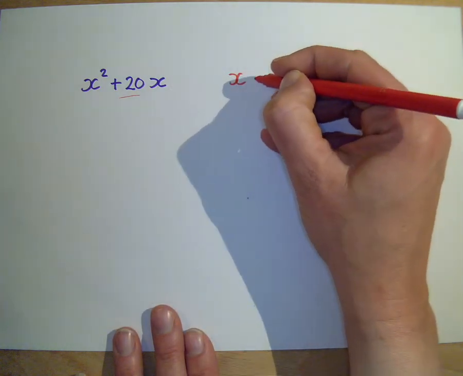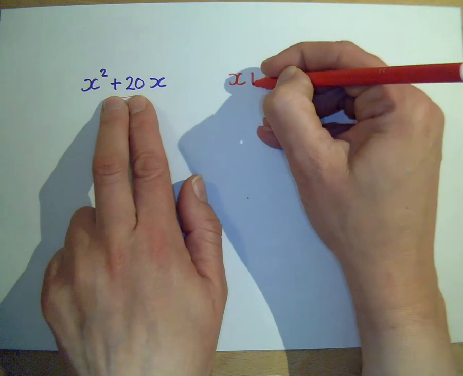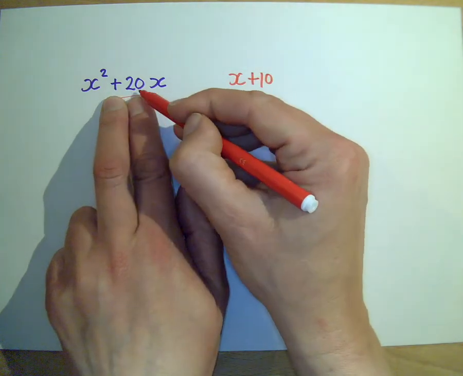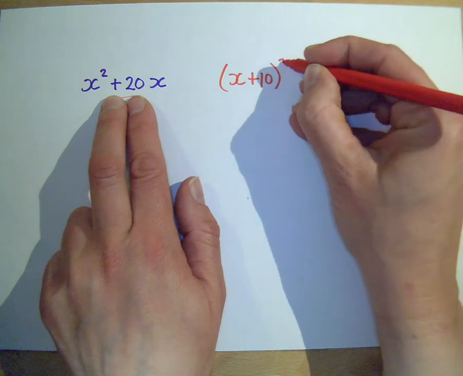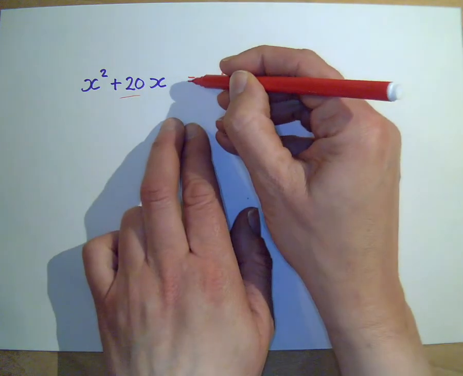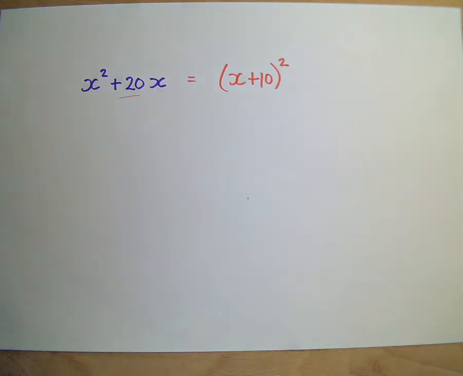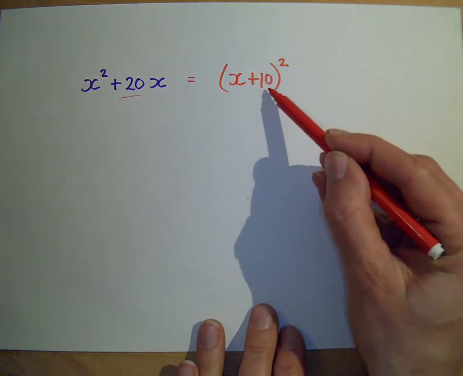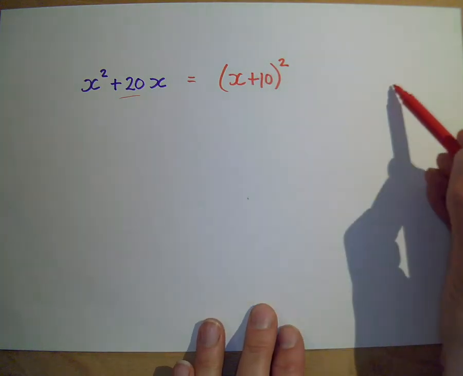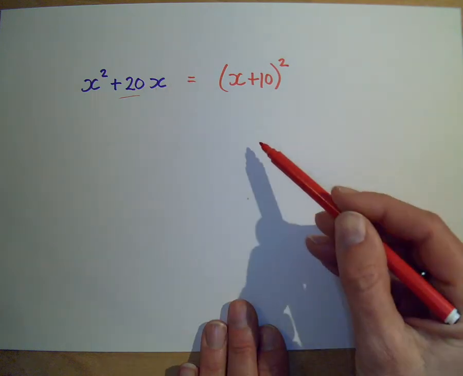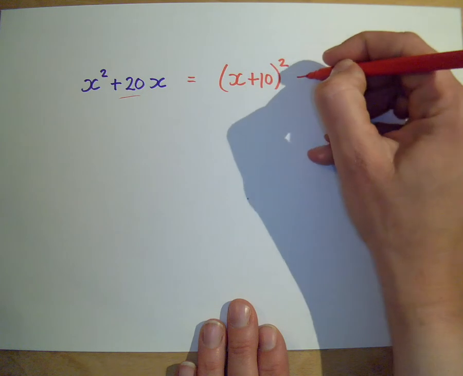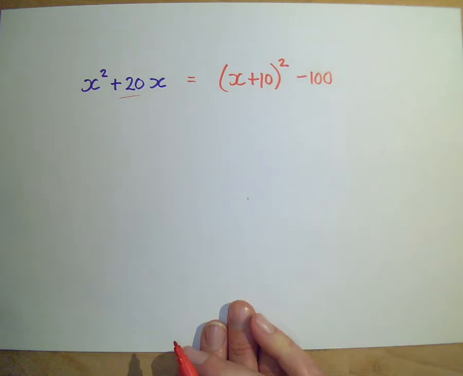So x plus 10, half of plus 20 is 10, plus 10, and we'll square that. And then because we know that this 10 also gets squared, so plus 100, and that's not in here. There's no plus 100. So we have to subtract that 100, right?